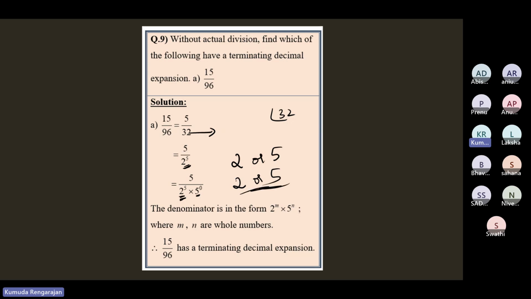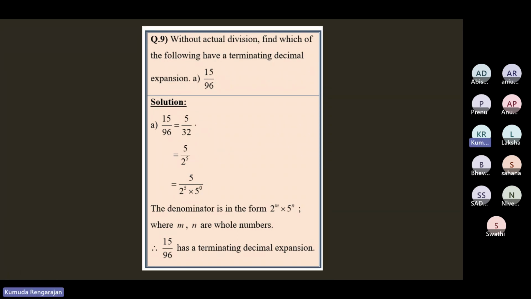Then it will have a terminating decimal expansion. If there is any factor other than 2 or 5, supposing there is a 3 or a 7 or 11, then it will have a non-terminating repeating decimal expansion. It cannot have a non-terminating, non-repeating decimal expansion because it's of the form P by Q.